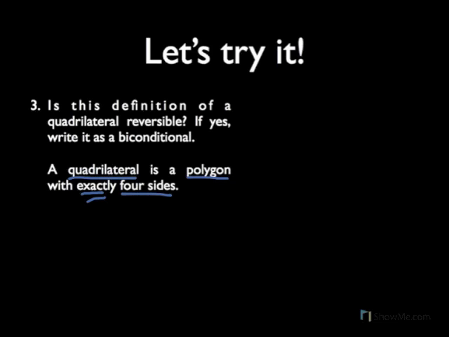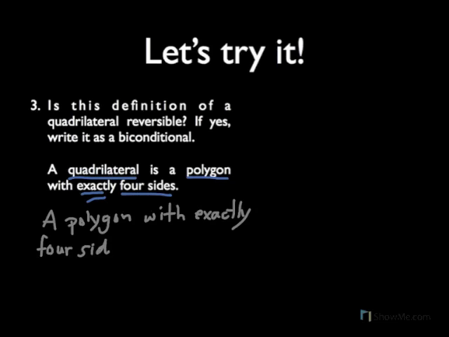If we switch this sentence around, a polygon with exactly 4 sides is a quadrilateral, is that also true? Well, yes, this is also true. So this meets the 3 requirements of a good definition.